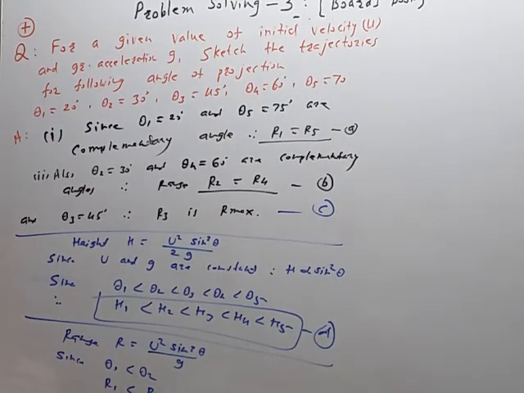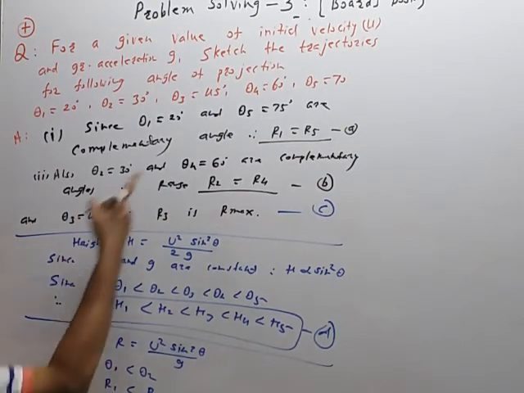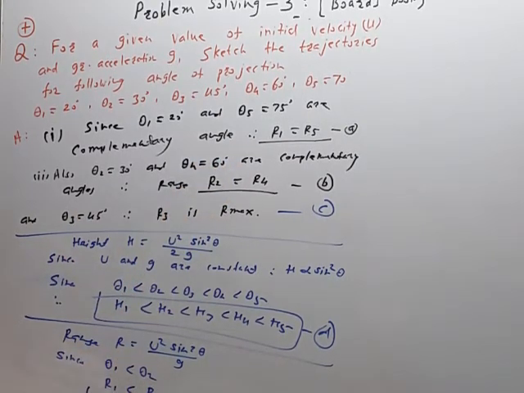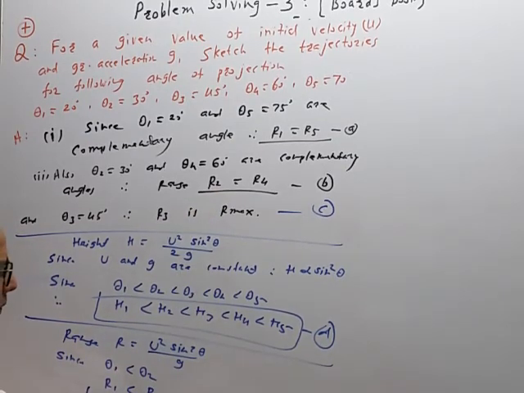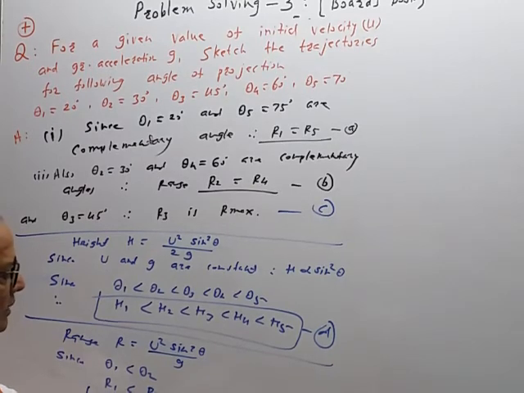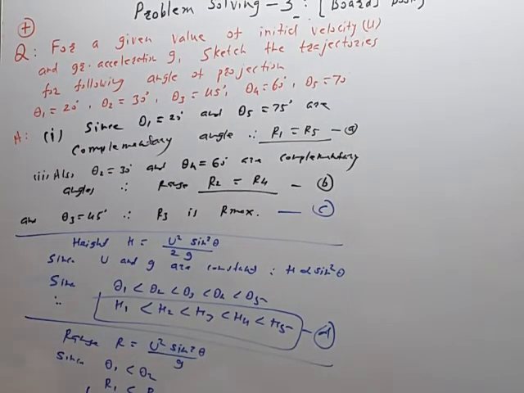So, what about the range? R1 is equal to R5. It is less than R2 is equal to R4. It is less than R3 is equal to R max. So, these are the values of the ranges.